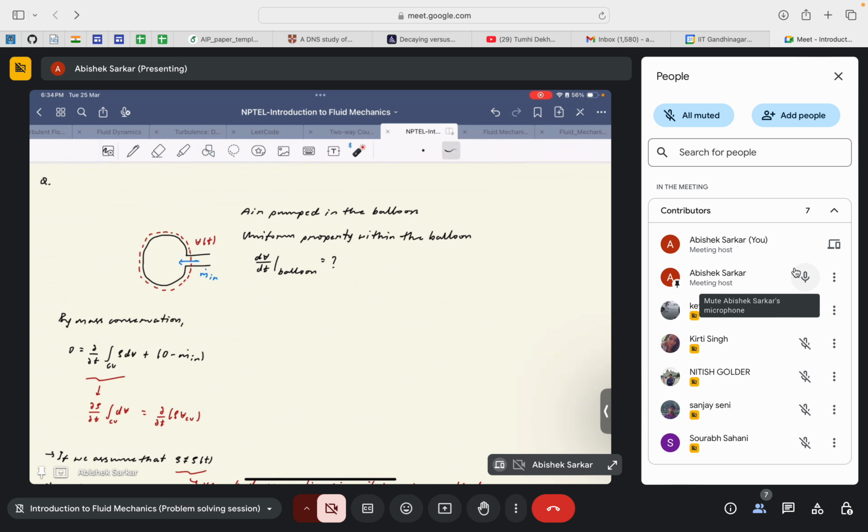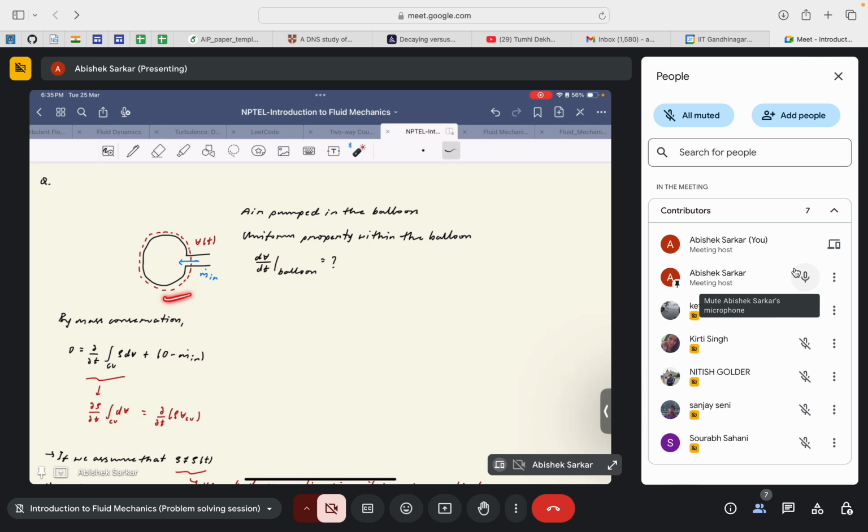The mass flow rate of the air is given in the inward direction of the balloon. Since the balloon is being pumped with air, its volume is a function of time because it will change with time. Considering uniform properties within the balloon, what is the rate of change of volume of the balloon?